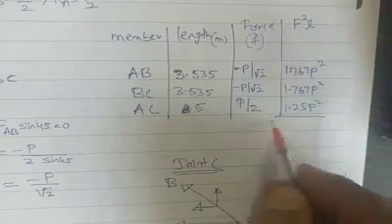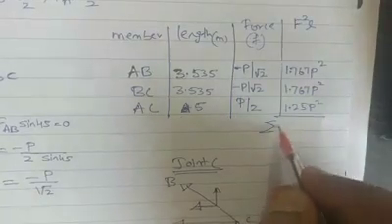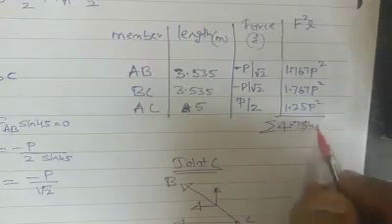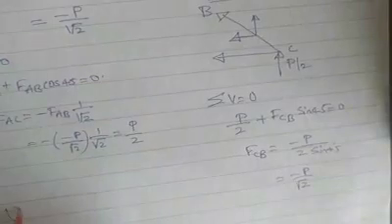To do the summation, it will become 4.784 P square.